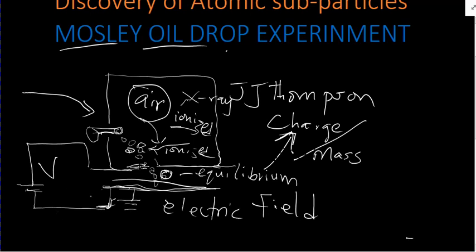So what is the idea of this now? It simply means that the force due to the weight of the oil drop is balanced by the force due to the electric field that is supplied.